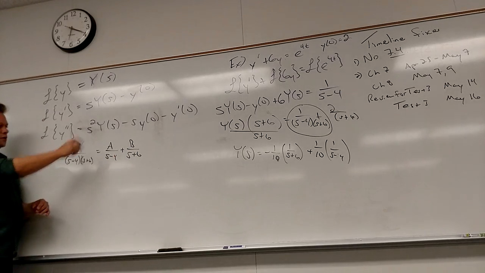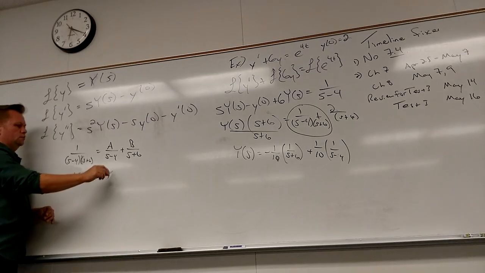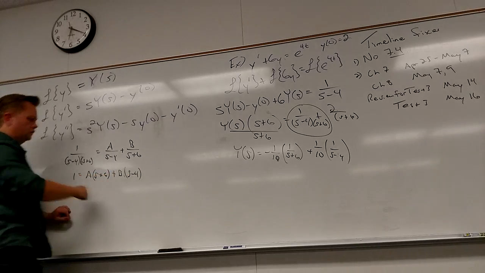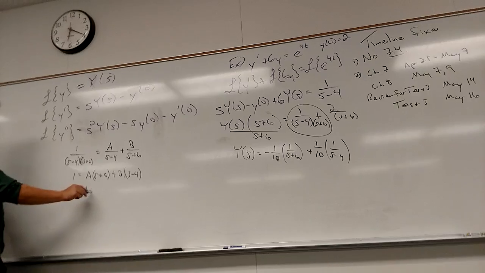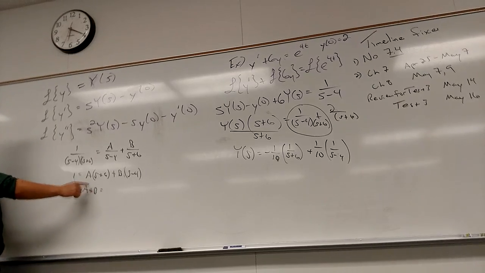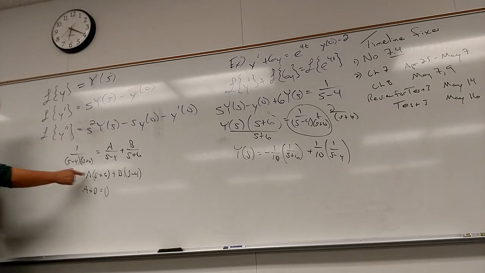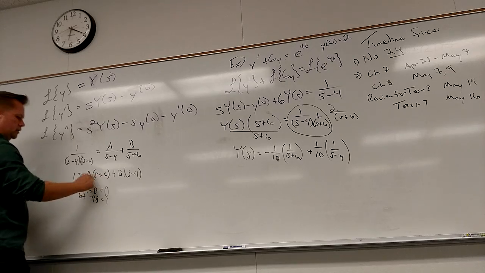Then you multiply by the LCD, you get 1 equals A(s plus 6) plus B(s minus 4). There are a few different ways to do this, but make a little system of equations. A plus B has to be 0 because there are no s's. And then 6A minus 4B has to be 1 because that's what the constant is.